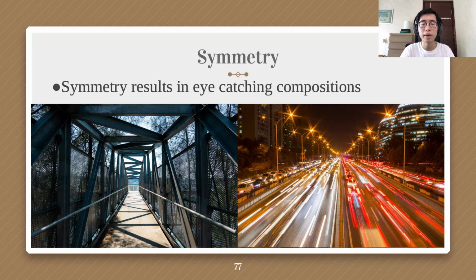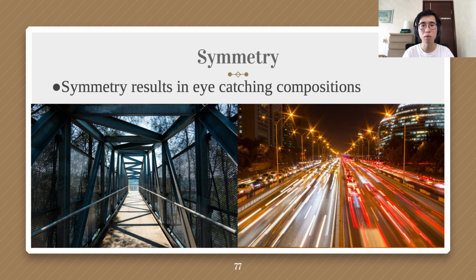And also you can make use of symmetry. On the left-hand side, you can see that everything is symmetrical. And on the right-hand side, it's basically similar, but it's a night version that you can take as a reference. When you are doing landscape photography, you know, okay, this is a technique that I can use.